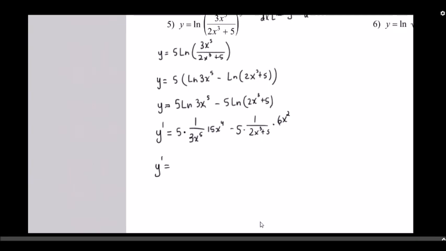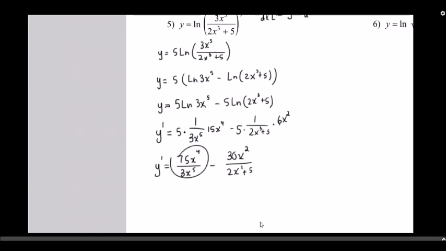So multiplying all of these terms into the numerator gives us 75x to the 4th, rather, over 3x to the 5th minus 30x squared over 2x cubed plus 5.